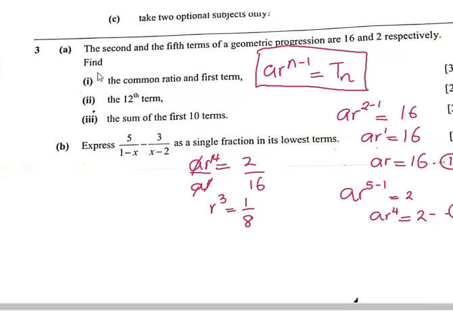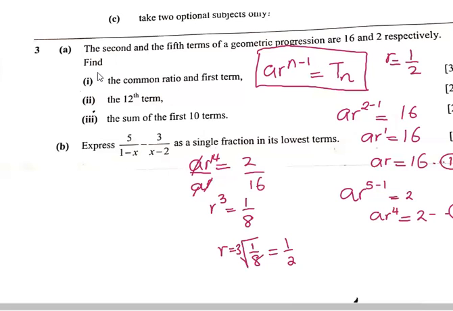All right? Now, when we do this, we go further to say R is equal to the cube root of 1 over 8. And you know that the cube root is equal to 1 over 2. So the value of R is equal to 1 over 2.